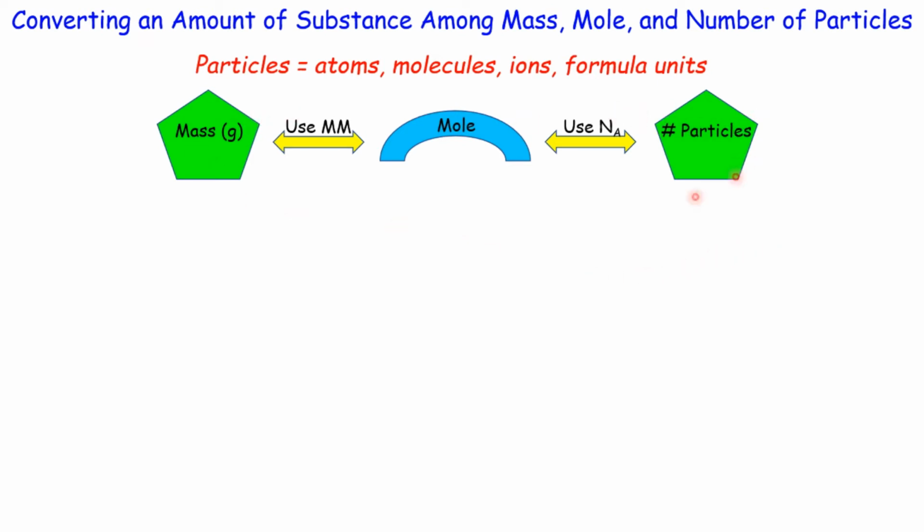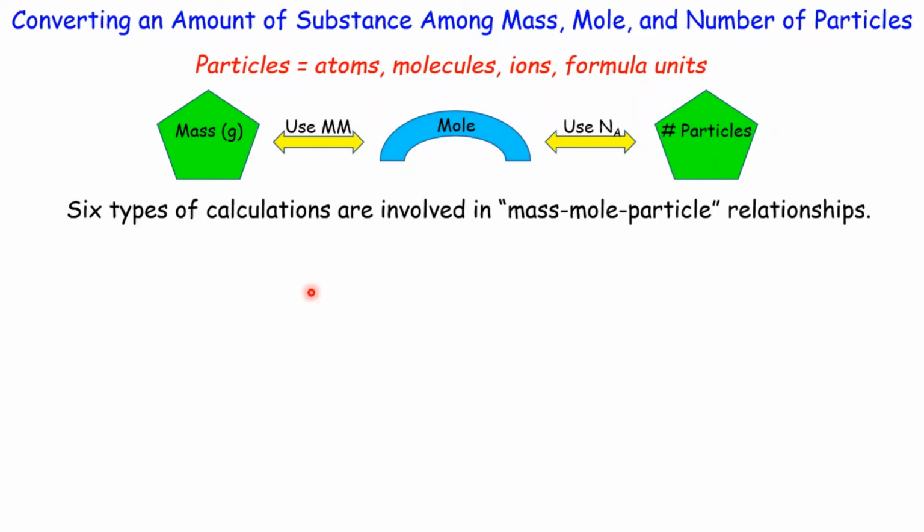Okay, so as I mentioned, mole is the bridge. You can consider this as the bridge, a small bridge, all right? Use the mole concept, use the bridge of mole, we can convert from mass to particles or vice versa, all right?